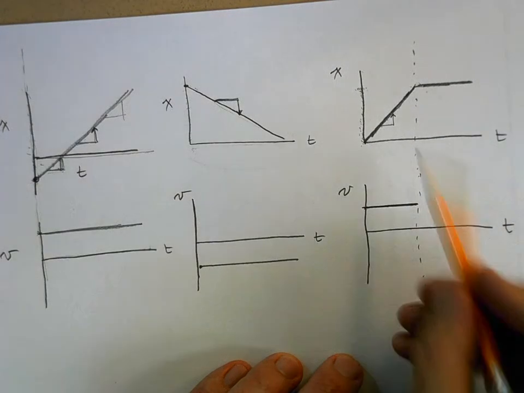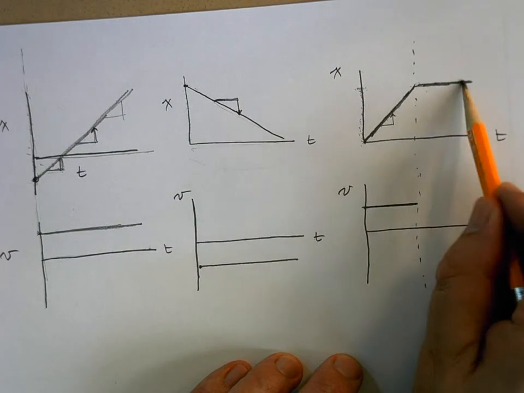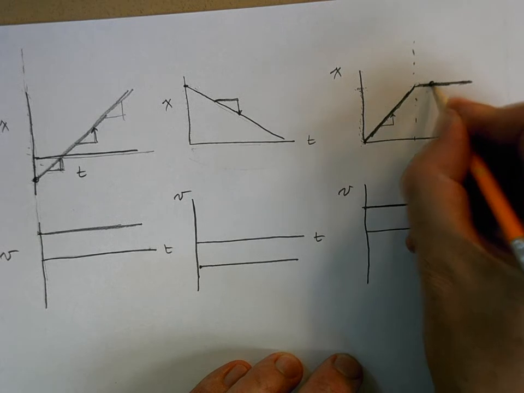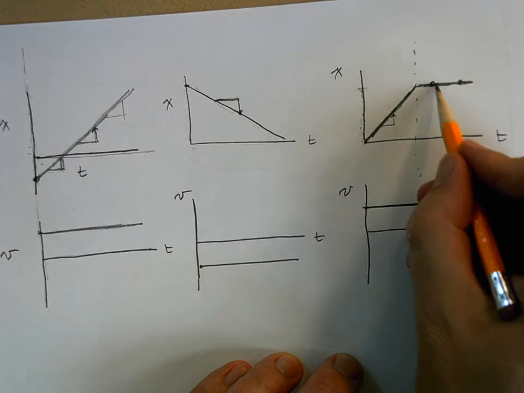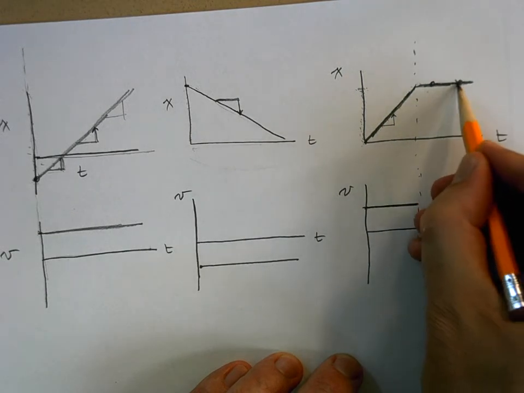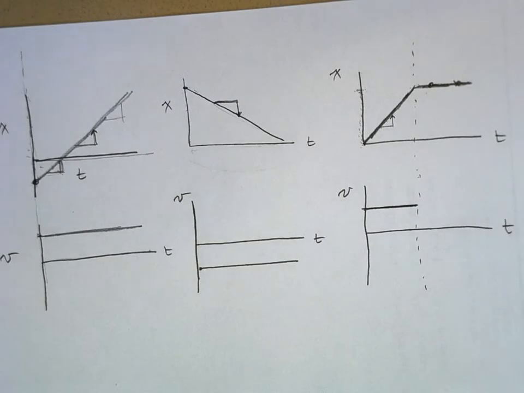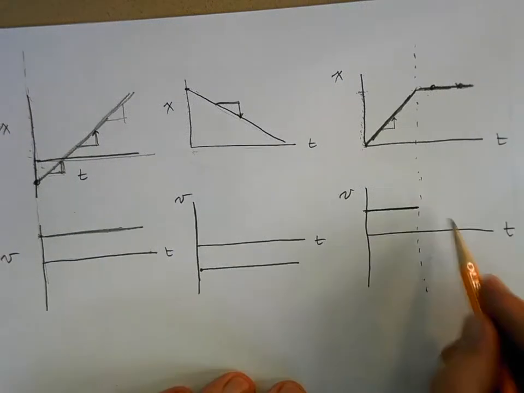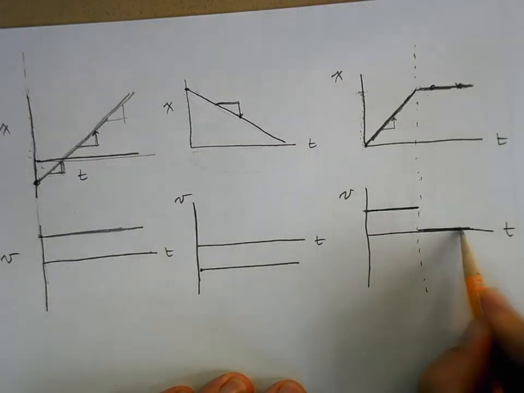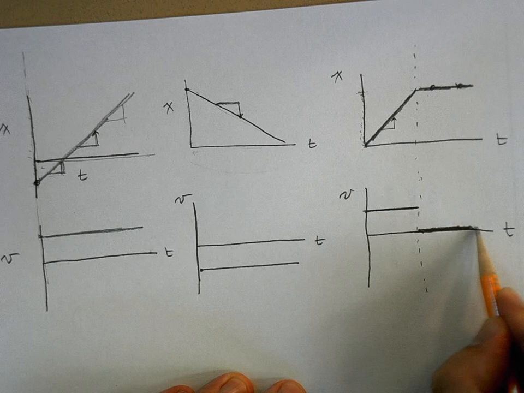From point to point here, if I pick any 2 points, maybe delta t is to the right, but my delta x is 0, and 0 divided by any delta t is 0. So what's true about my velocity? 0. So I just kind of darken it in like that.